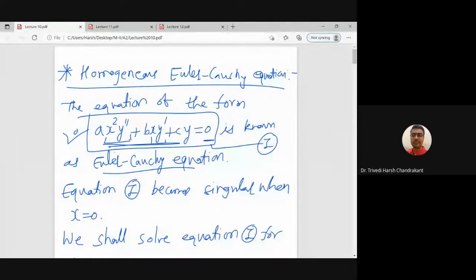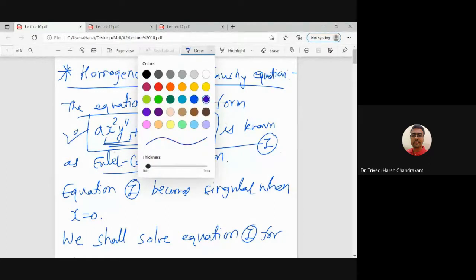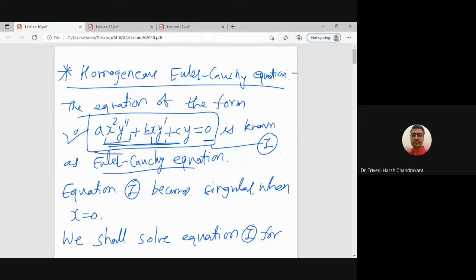Equation, which is the equation of the form ax square y double dash plus bxy dash plus cy is equal to 0.